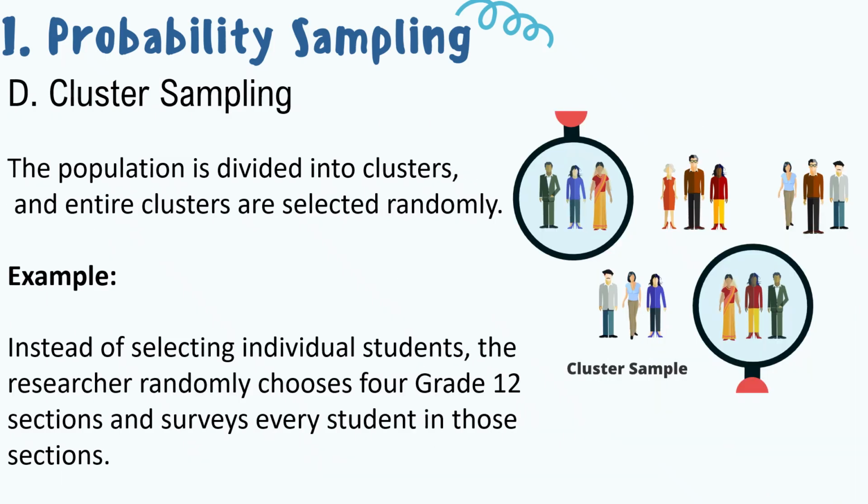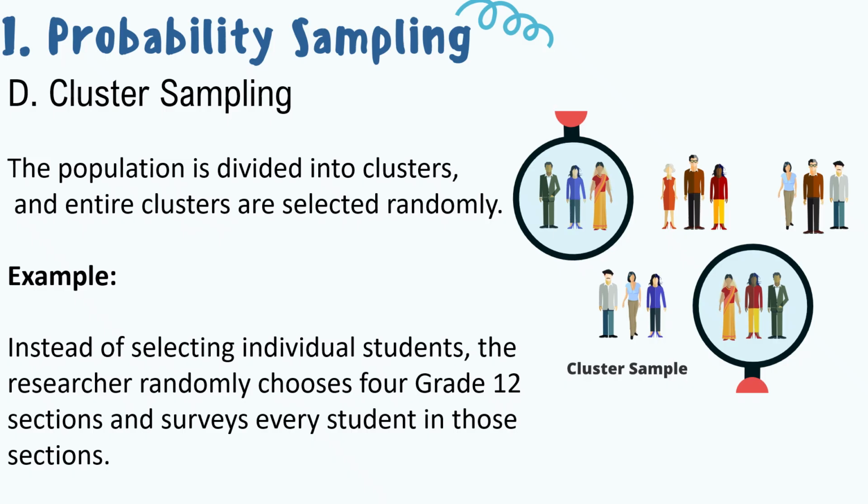Next is cluster sampling. This one also involves groups, so be careful not to confuse it with stratified sampling. So in cluster sampling, the population is divided into clusters and entire clusters are selected randomly. So for example, instead of selecting individual grade 12 students, the researcher randomly chooses 4 grade 12 sections.